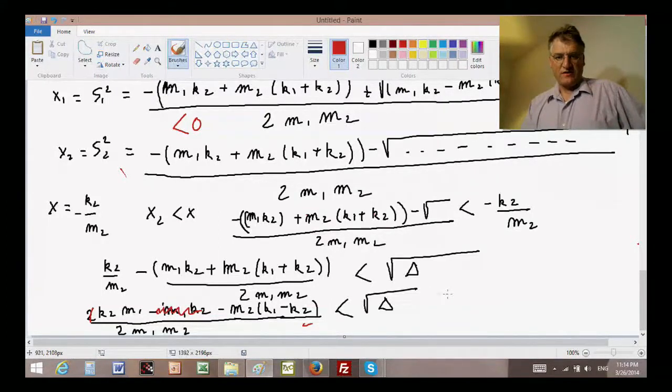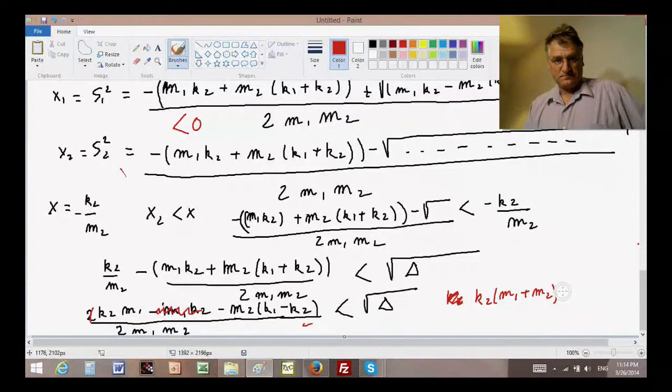Again, we compare K2 times M1. So we write K2 times M1 plus M2 minus M2 K1 divided by 2 M1 M2.